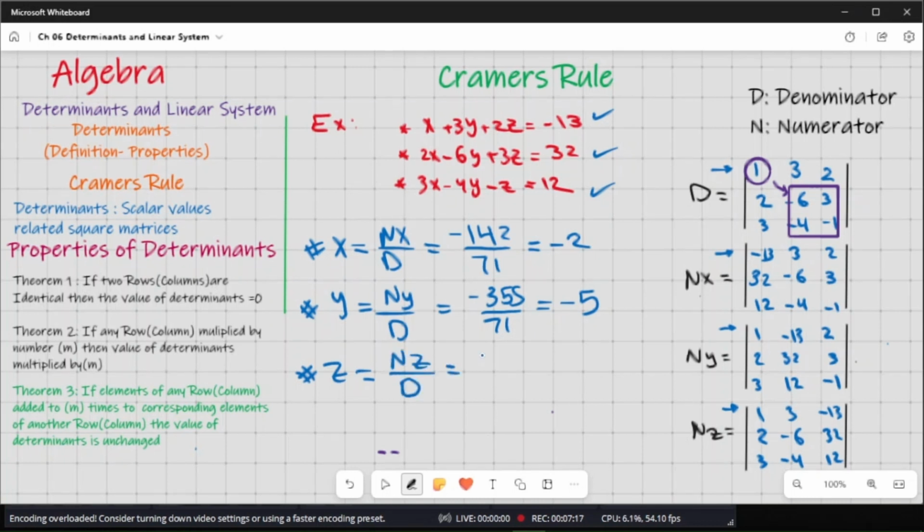So this will be equal to 142 by 71. So this equal to 2. Okay, we just get values of x, y, and z by Cramer's rule. Just clear and move to another example on Cramer's rule.